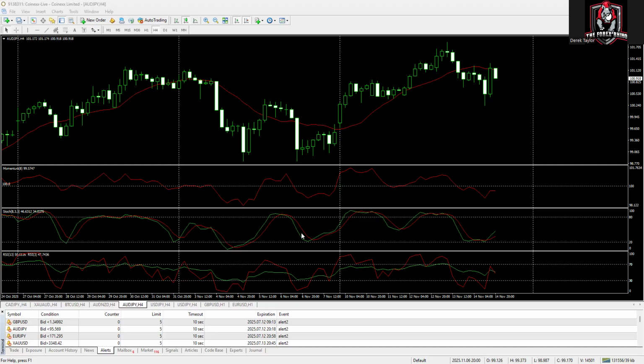This is why it's so important that if you have divergence on this momentum, you do not have a trend or a trade. If you have divergence on the momentum chart itself, then you do not have momentum and a trade. You don't have either.